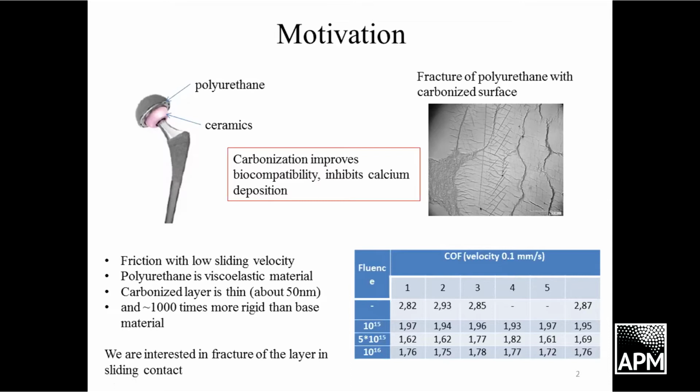But if we have no layer, then we have problems with biocompatibility and some other problems. So first, can we ignore friction in the contact problem formulation or not? And second, we are interested in the structure of this carbonized layer.